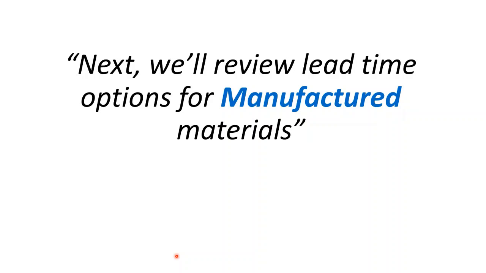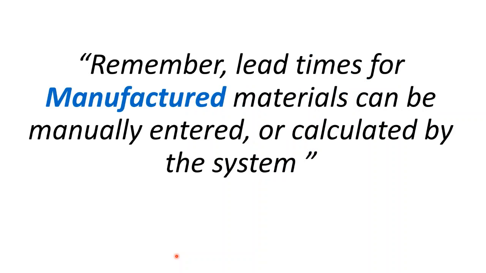Next, we'll review lead time options for manufactured materials. Now remember, lead times for manufactured materials can be manually entered using fixed lead time concepts or calculated by the system.